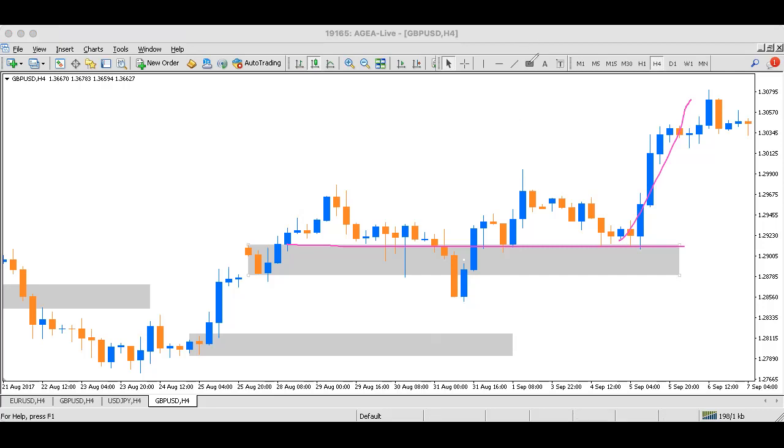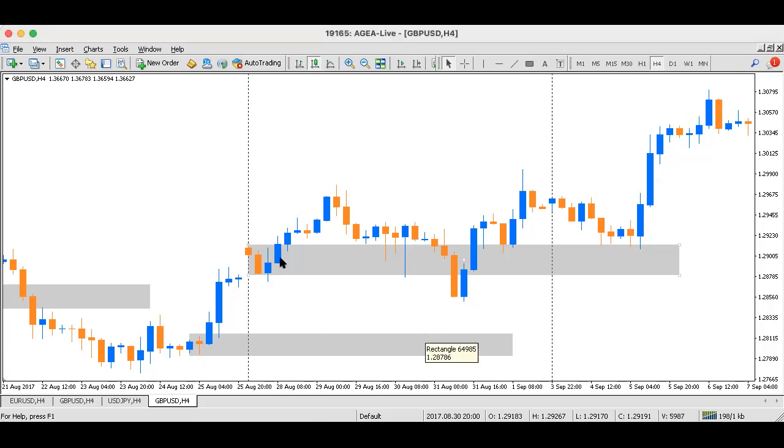So if we put our period separator, we should see that this was a whole week. From here to here was a whole week.